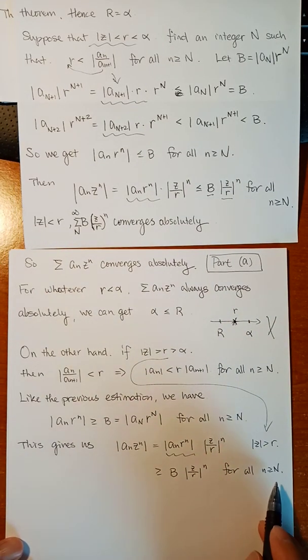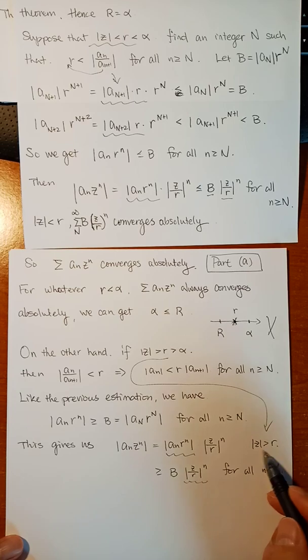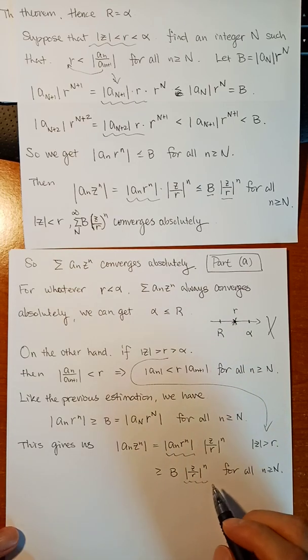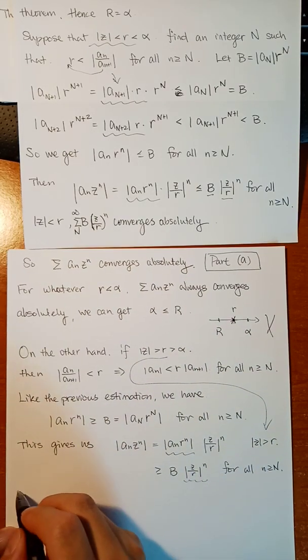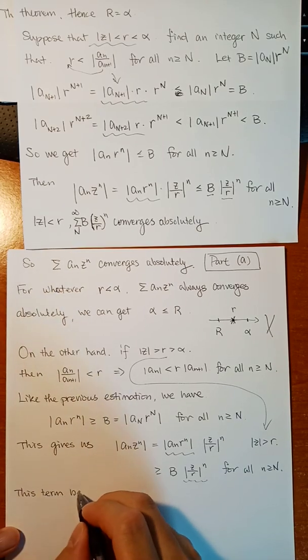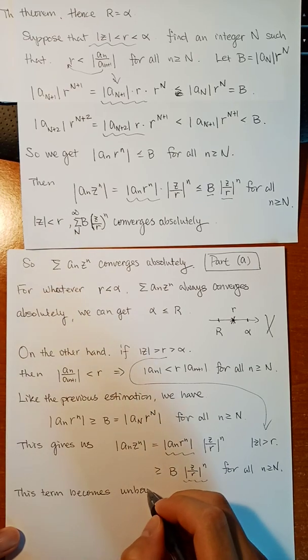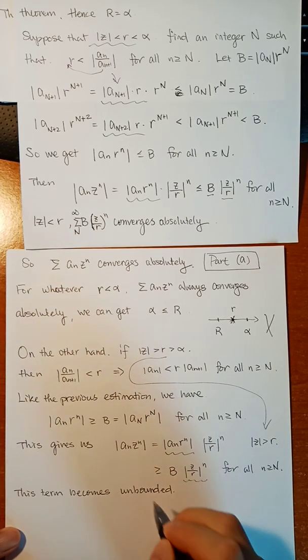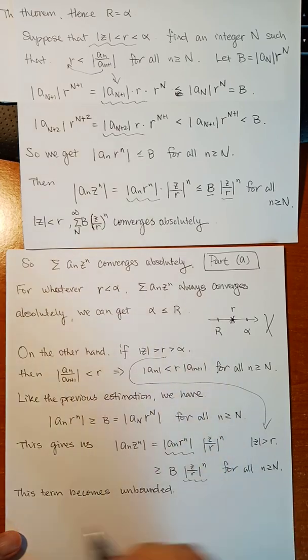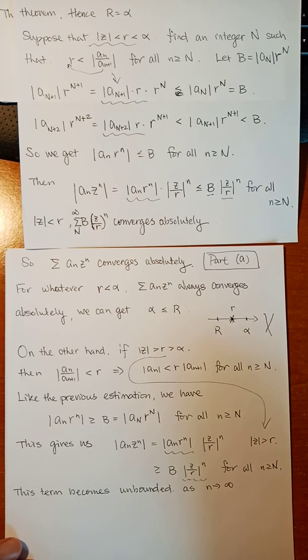So see, this one is again a geometric series, but it diverges because this ratio is greater than 1. It diverges. This term becomes unbounded as n approaches infinity.